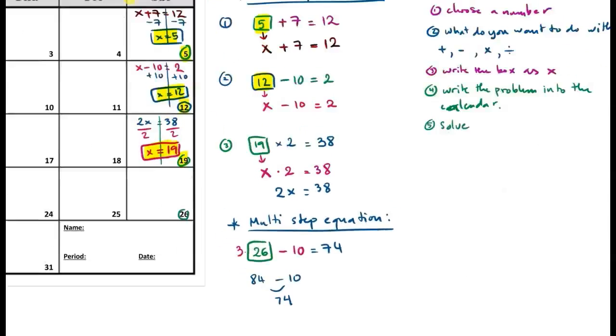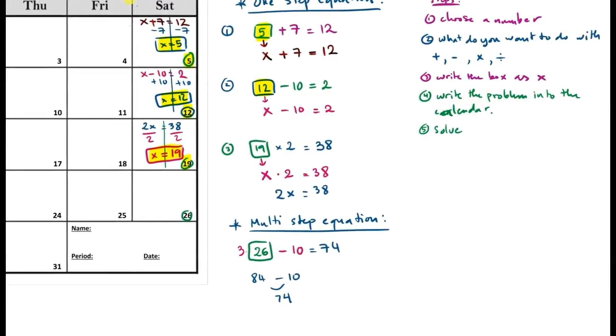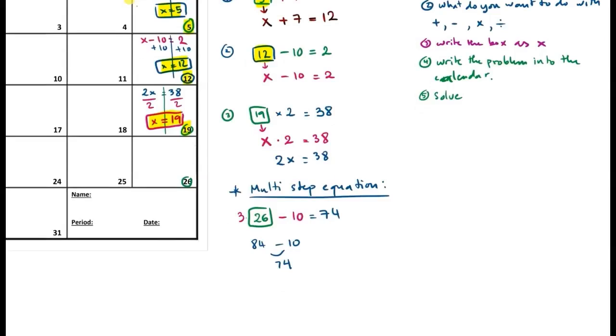So step 1, pick a number. And step 2, what do you want to do with it? Step 3, write the box as the x. Okay, so this problem turned into 3 times x instead of 26. You're going to put 3x minus 10 equal to 74.